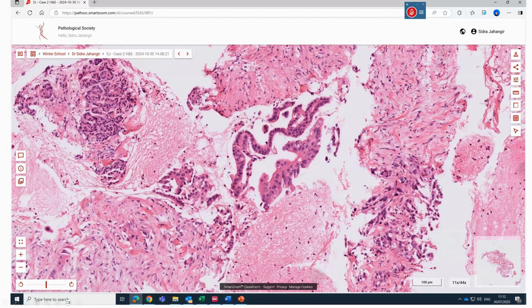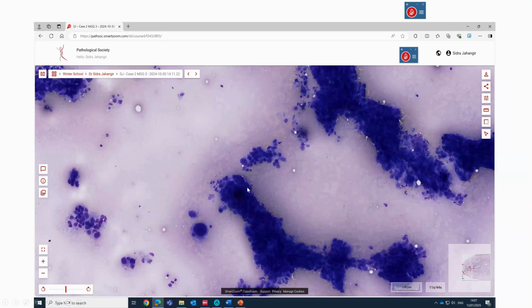So again, a high power view of the same thing which I mentioned earlier. This is a malignant duct, a poorly differentiated adenocarcinoma focus here, and some normal pancreas you can appreciate here with pancreatitis-like changes. So this is again the Diff-Quik slide, a Giemsa stain prepared on site from the same case and same patient.